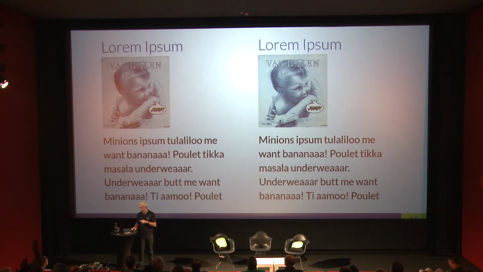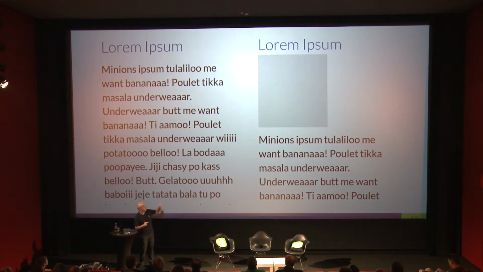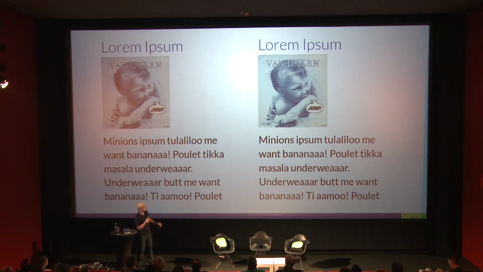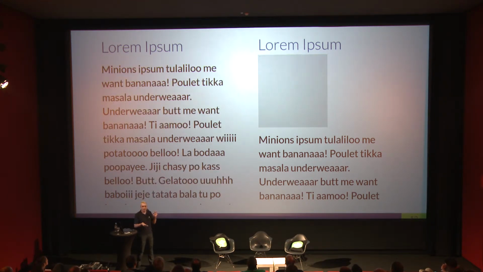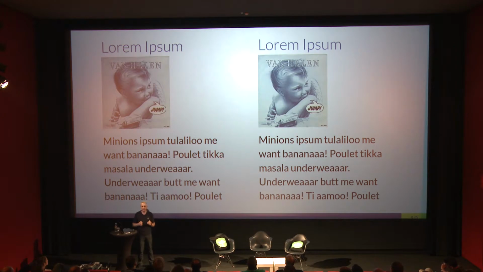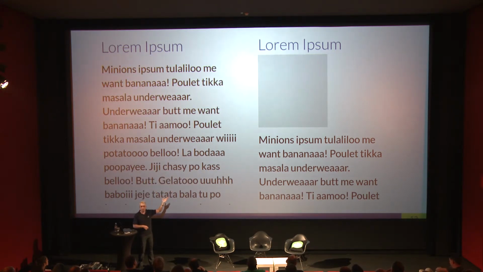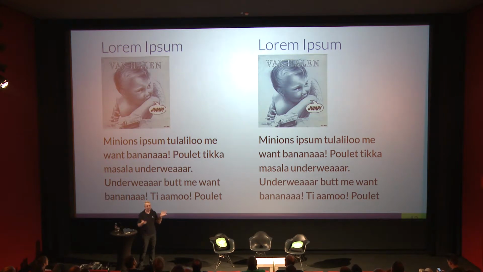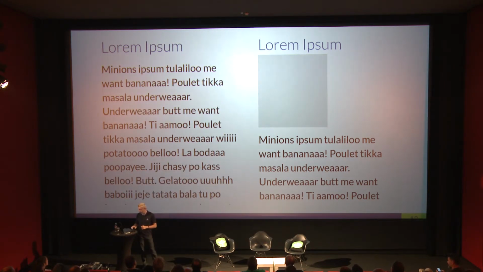If I set a placeholder on the right side, nothing has to jump down when the image is loaded. If I know the aspect ratio, and normally I do, I can set this placeholder with this fixed aspect ratio and then the image inside, so when the image is loaded, nothing has to be recalculated.